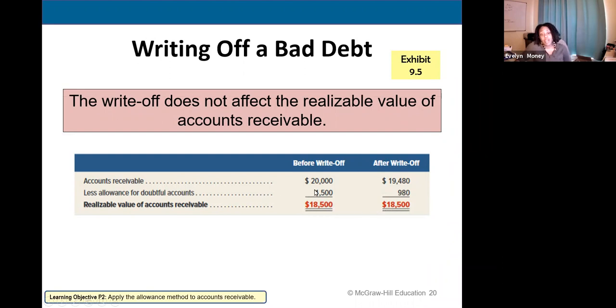And that's because I'm using my valuation account. So this contra account, I like to abbreviate it as AFDA because it's a really long account. So this valuation account helps me show my accounts receivable at the amount that I can reasonably expect to collect. So when I write off an account, I'm still showing my receivables at the net realizable value.